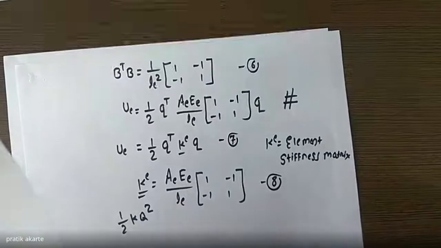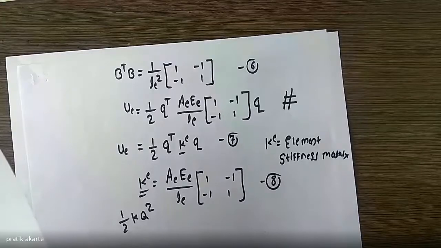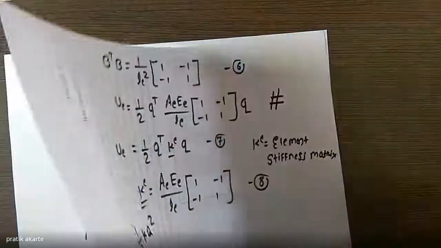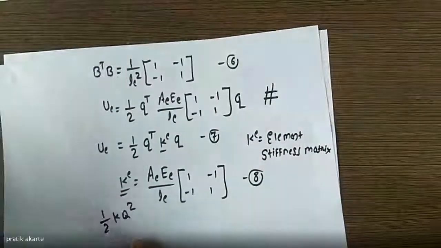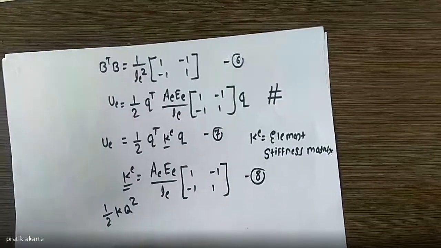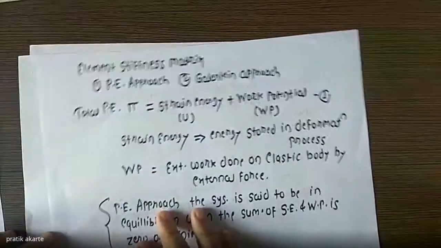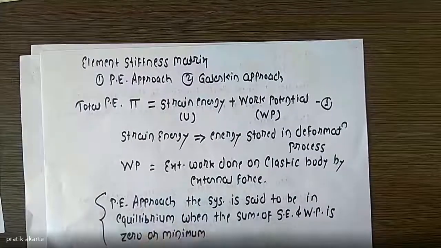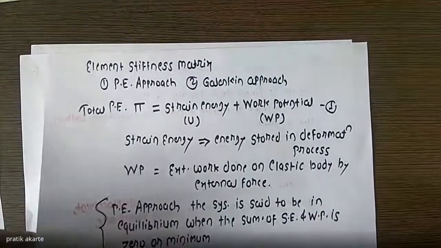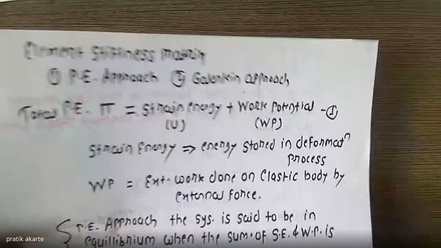You must know any one of the approaches that is used to formulate the element stiffness matrix. So let us take a recap of what we had done so far. For the element stiffness matrix, we had discussed the potential energy approach, and we know the statement of this potential energy approach.